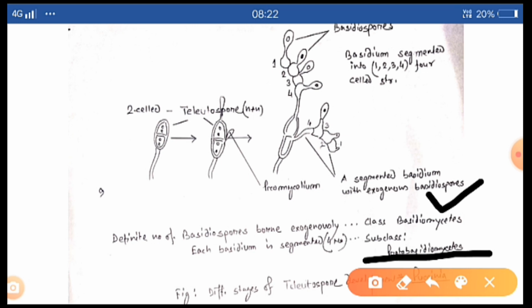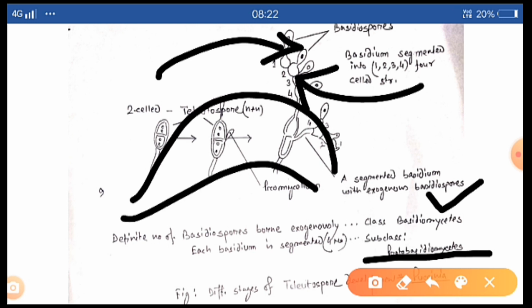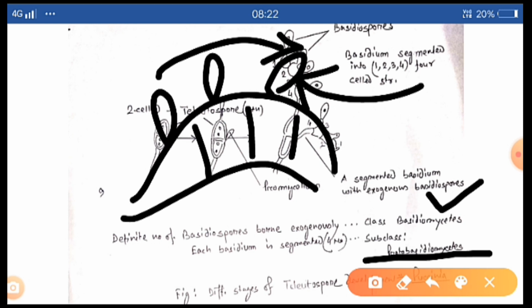Again, here the number of spores is definite and the basidium is segmented. This one is the basidium, it is segmented, and on that exogenous spores are formed.